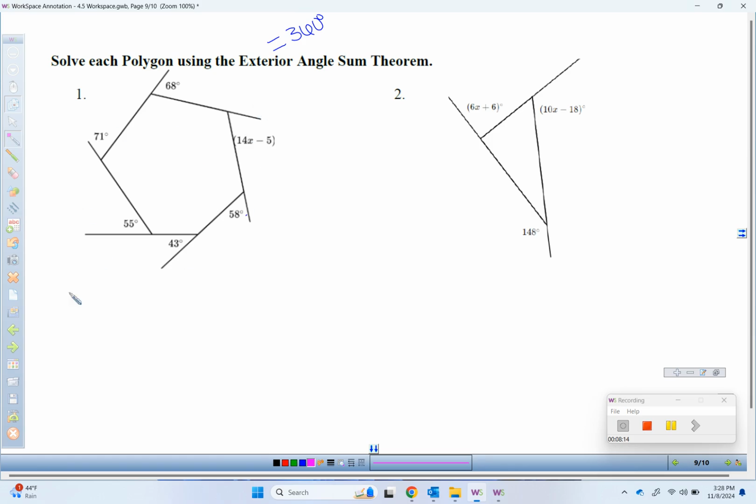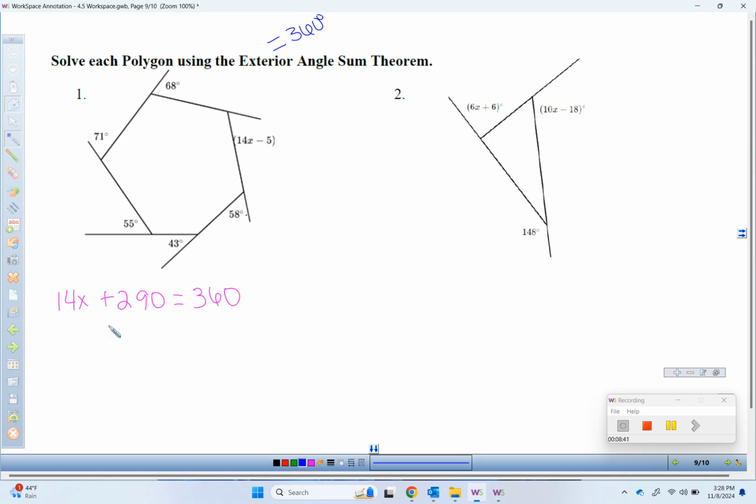I see that I have 14 x's. And then if I add 68 minus 5 plus 58 plus 43 plus 55 plus 71, plug those into your calculator, you should come up with 290. We're going to set all of this equal to 360.